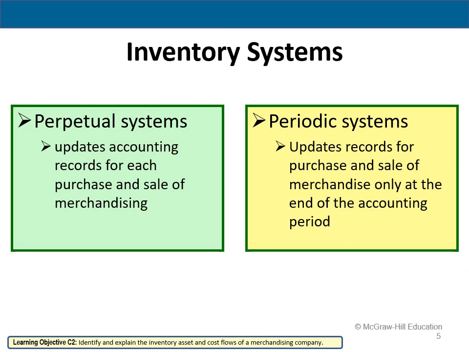Also, it would record the cost of that sale. It would move the cost of that 1 jar from an inventory asset to cost of goods sold expense, because the company now no longer owns that jar of peanut butter. It's been sold. So at year end, you just run a report in your perpetual inventory system that gives you cost of goods sold.